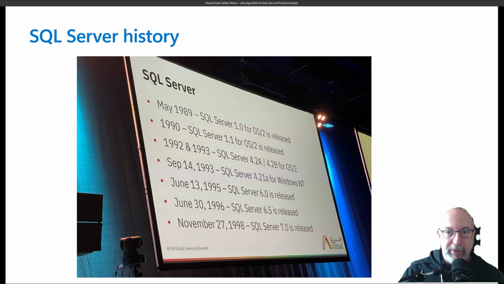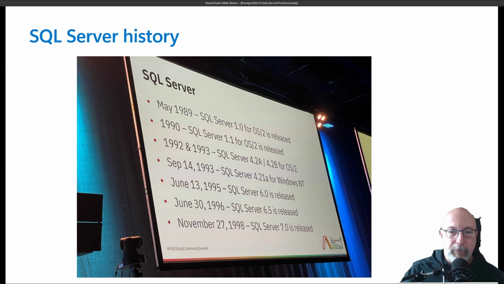This is actually the first release that I played with, but I should say that it was with SQL Server 6.0 in 1995 that SQL Server became one of the most interesting options for installing and using relational databases on the Windows platform.